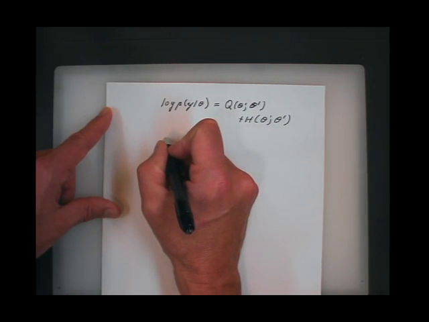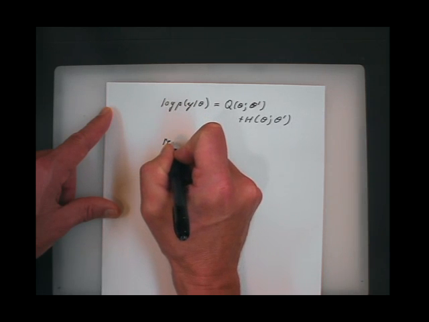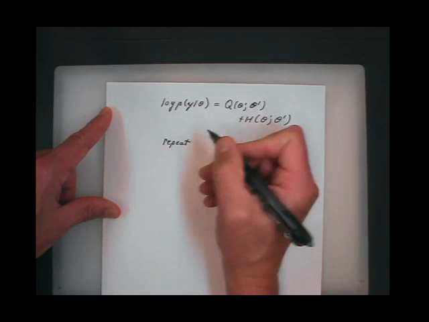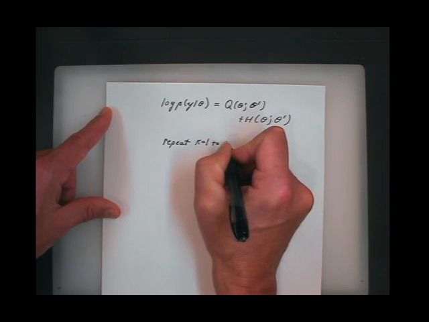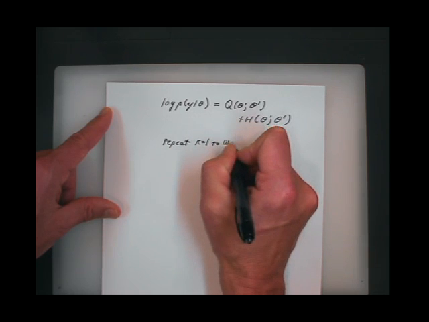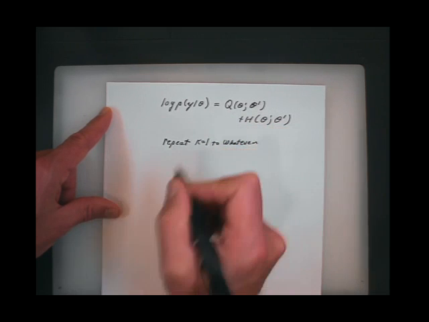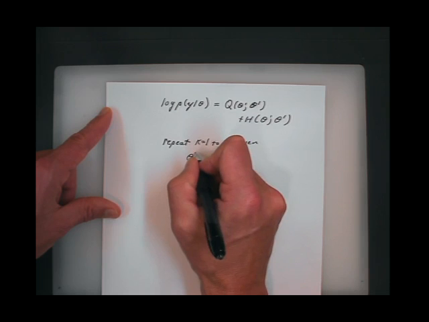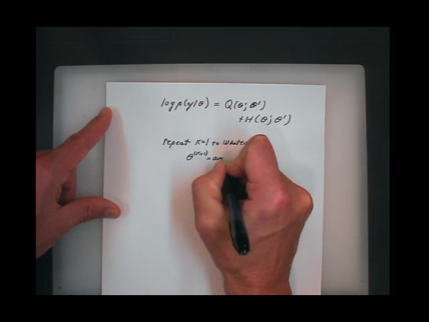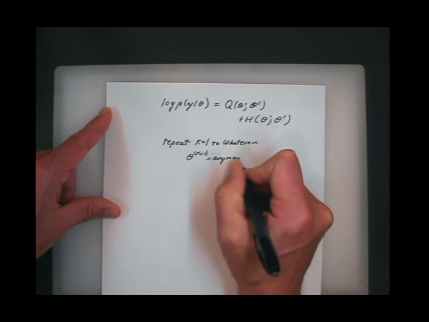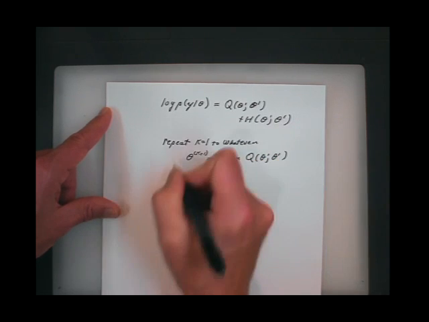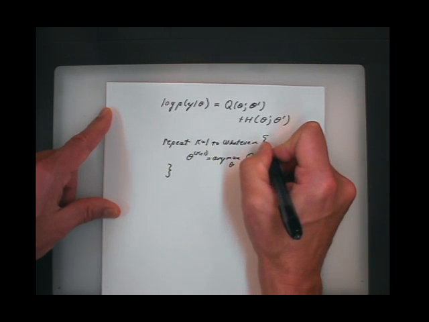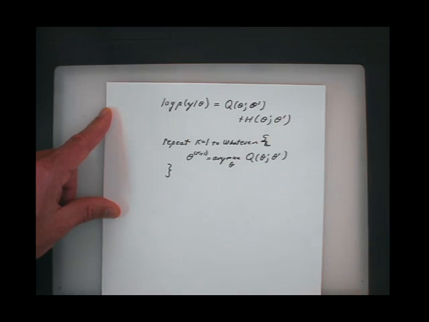It's just repeat, for k equals 1 to whatever, theta k plus 1 equals the argmax over theta of Q of theta, theta prime. Okay? So that's the EM algorithm, right?